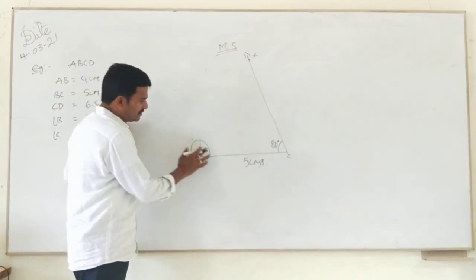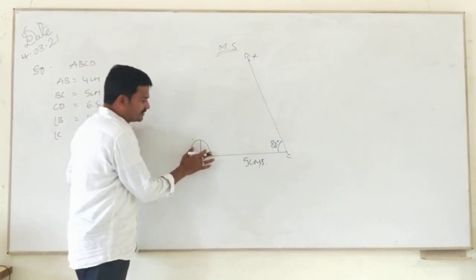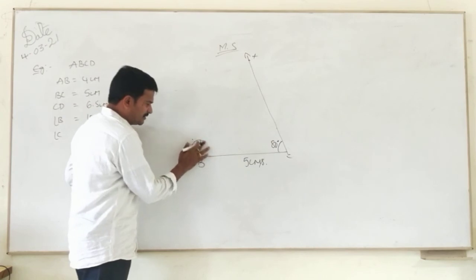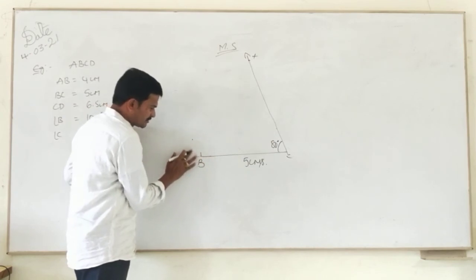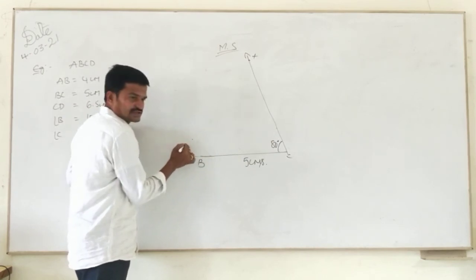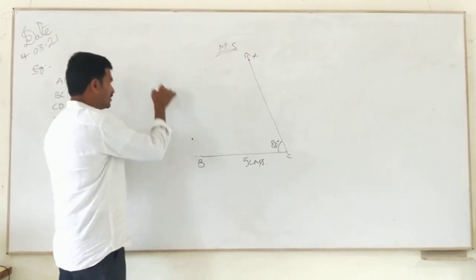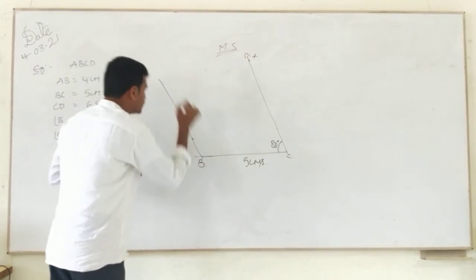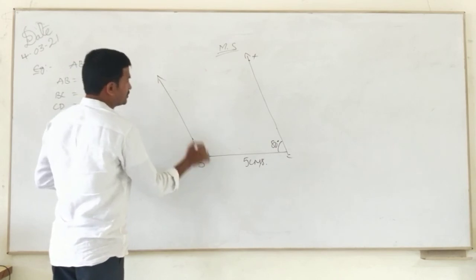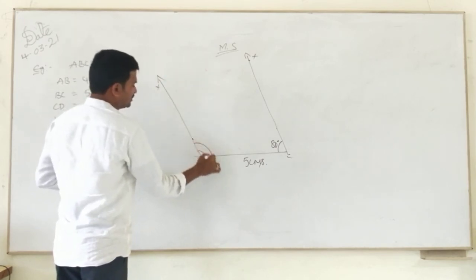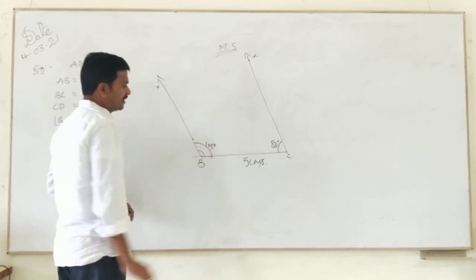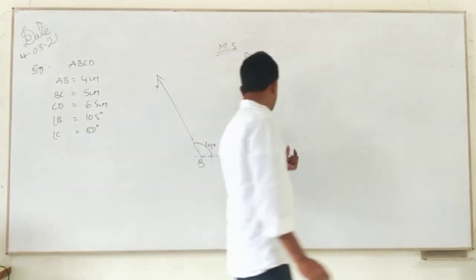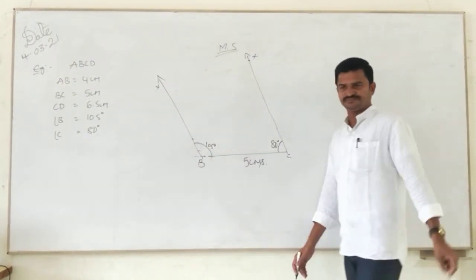Are you clear? Just for showing purpose. This is an angular ray point now, 105. Now you can join by using the scale. This is how much, children? 105. Now we have constructed angle C and angle B also.